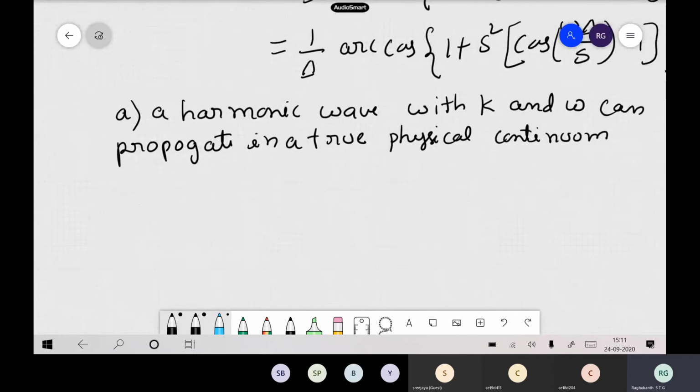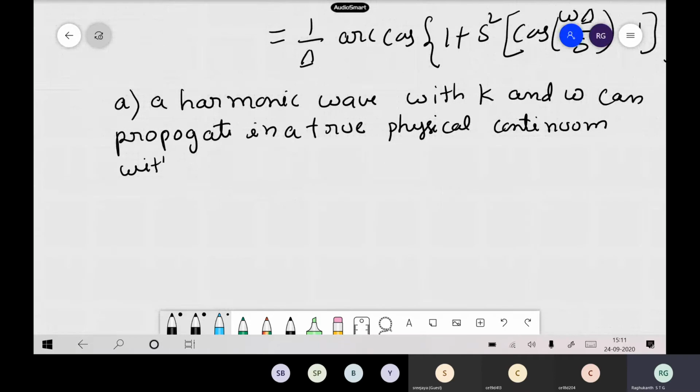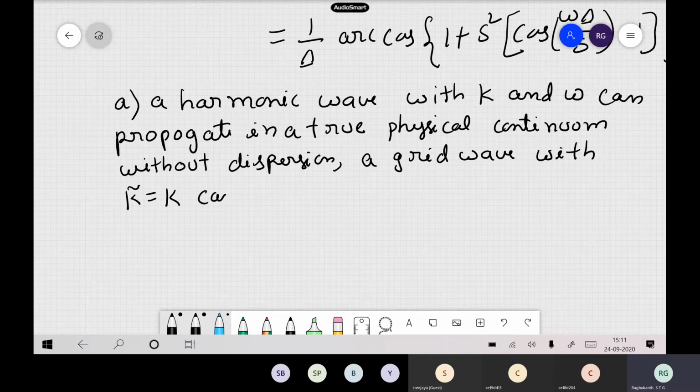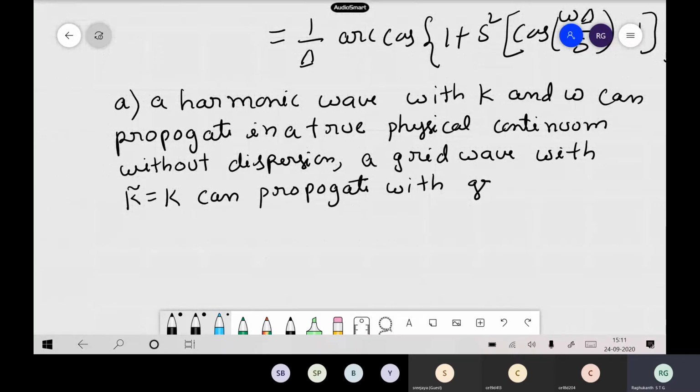But in our finite difference method, a grid wave with k bar equal to k, here we are assuming k is k itself, can propagate with grid dispersion.